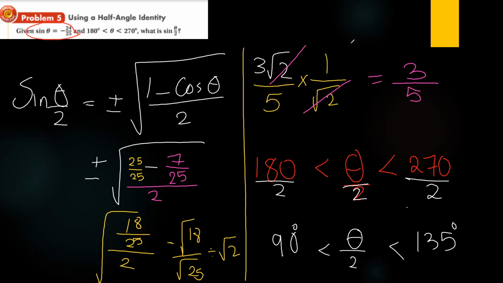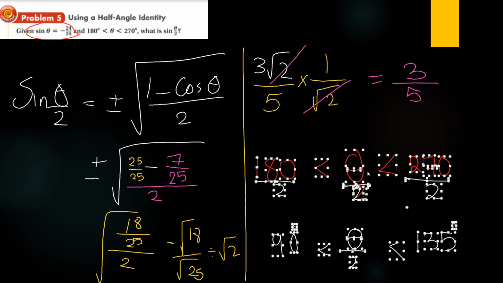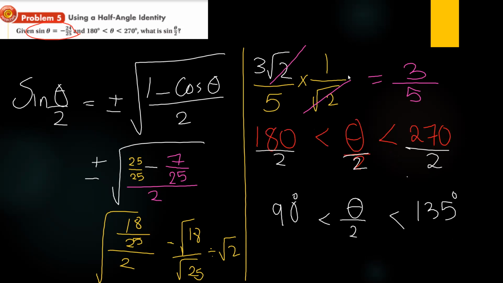Then I will ask myself, 90 and 135, in which quadrant? That's in half of the second quadrant. Yes, it is in the second quadrant. Bravo. So it is here in quadrant 2.